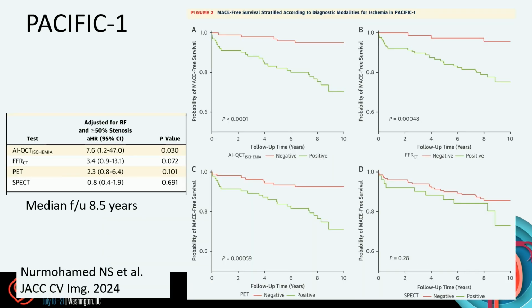Ultimately, you want to know what happens to the patient that had ischemia. Do we predict future cardiovascular events? PACIFIC 1 actually has 8.5 years of data, and abnormal AI-QCT ischemia is associated with an eightfold increase in major adverse cardiovascular events, again showing that AI-QCT ischemia is the strongest predictor of future cardiovascular events.